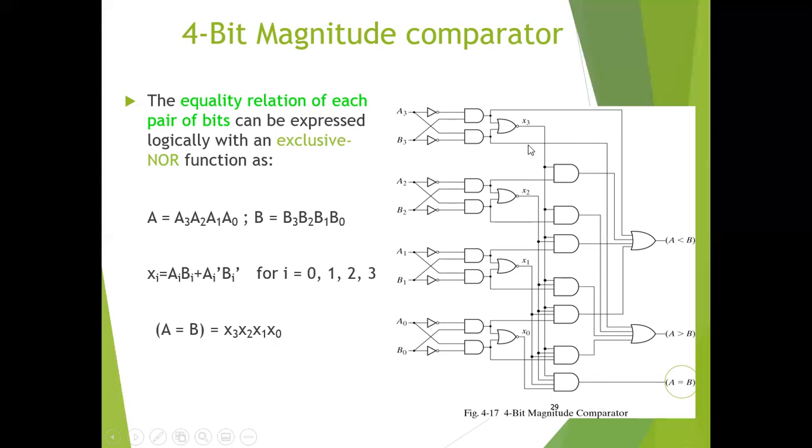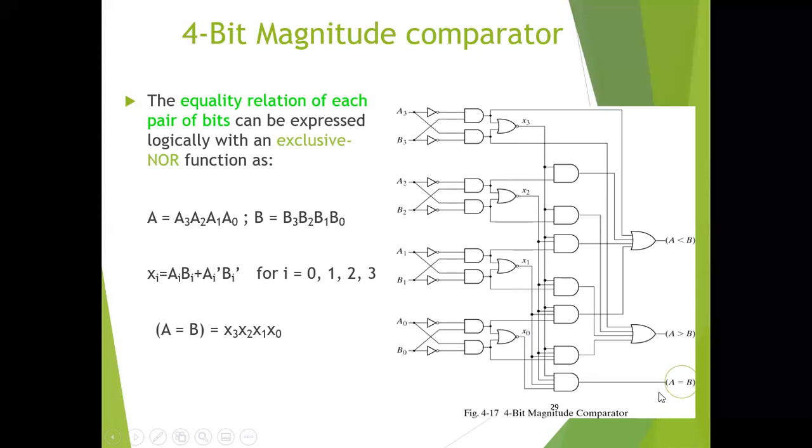The outputs of all four exclusive NOR gates will be ANDed by using an AND gate, and that output variable at the output of this AND gate is A is equal to B. This will be equal to 1 only if all the outputs of these exclusive NOR gates x3, x2, x1, and x0 are equal to 1, otherwise it will be equal to 0.